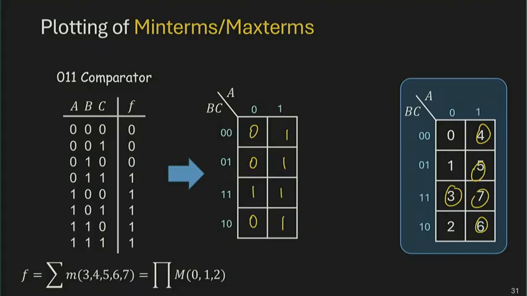This is 1, 1, 1, 0. This is 0, 0, 1, 0. But this one should have 4 neighbors. Where's the other neighbor? Did anyone see the other neighbor of 0, 1, 1, 0? It should be 0, 1, 0, 0. The other neighbor sits over here. 0, 1, 0, 0 is a neighbor of 0, 1, 1, 0, and they do not sit next to each other. And that is a problem.